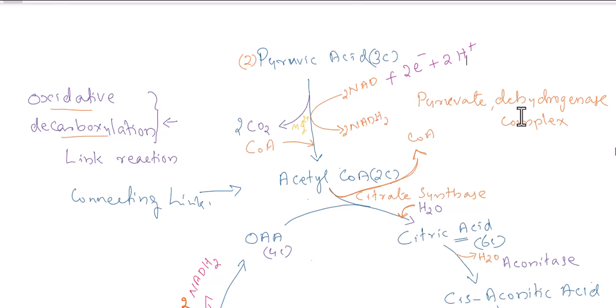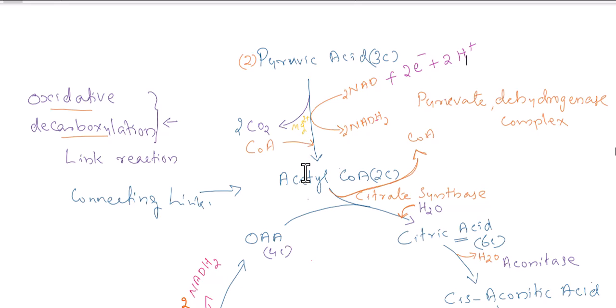This complex enzyme needs the presence of magnesium ion also, Mg2+, required to activate the enzyme. Along with that, coenzyme A is also participating in this reaction.